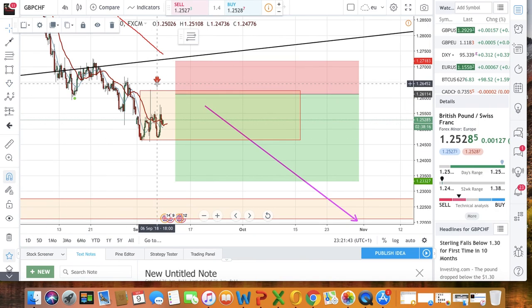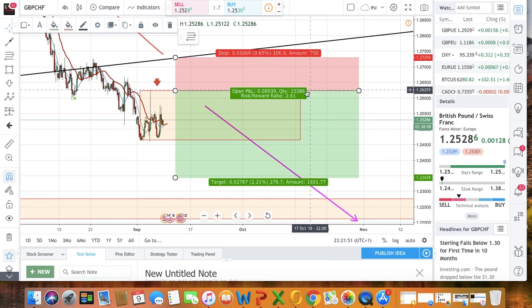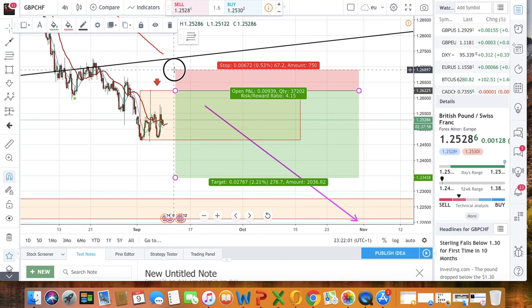So we're going to be looking at shorts just above 1.26110. So my pending orders are going to be set at around 1.2625 with a 60 pip stop loss at 1.2690.